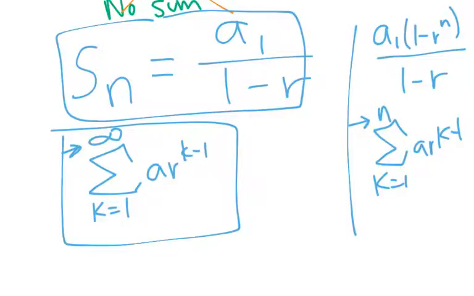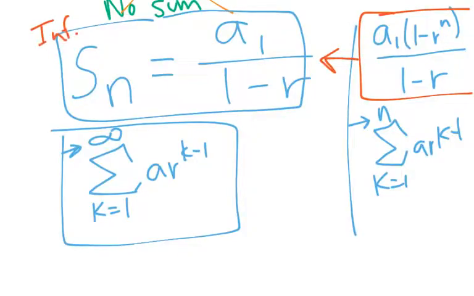When it had a number, we used the calculator or this summation formula. Notice that it's different than the new one. This is for infinite, this is for finite. So for infinite, we drop the 1 minus r to the n, essentially, and we have the first term and the rate, and we can use this formula to find it.